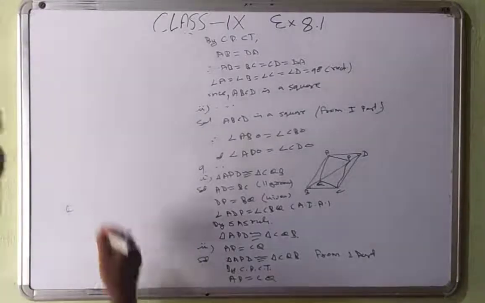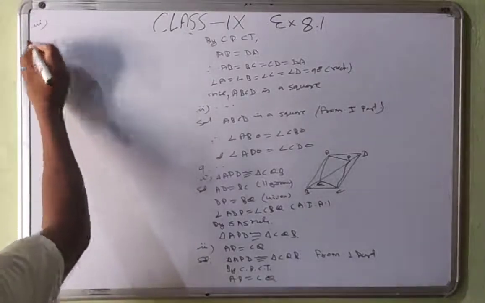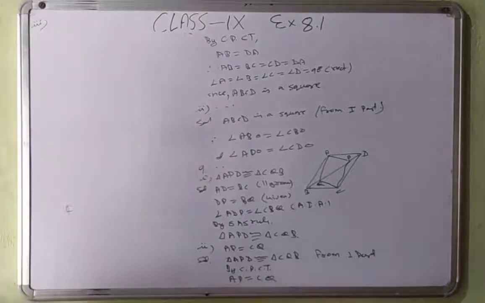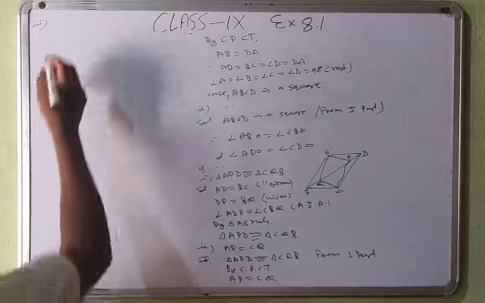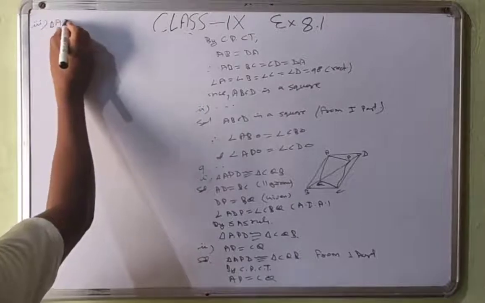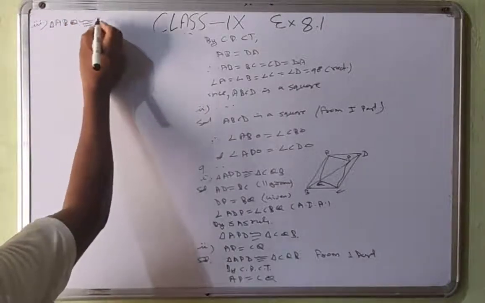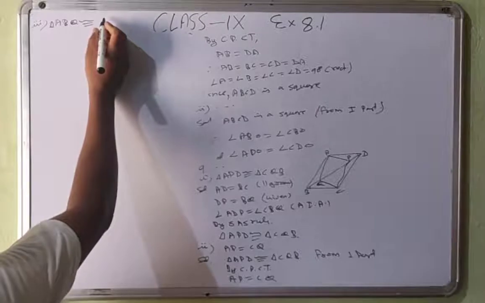The third part is triangle ABQ congruent to triangle CPD.